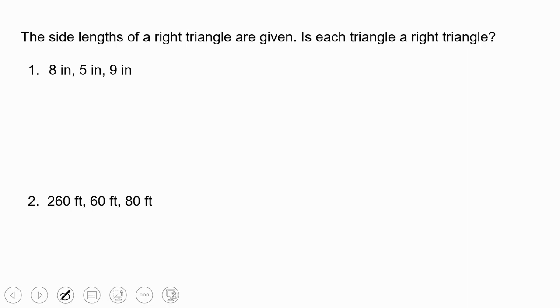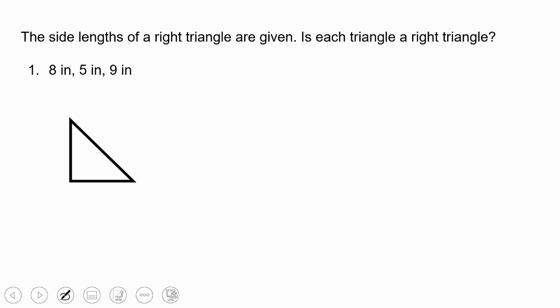I have two problems here, but what I'm going to focus on is the first one. And I went ahead and inserted a triangle. This says the side lengths of a right triangle are given. Is each triangle a right triangle? So I have three numbers and I have a triangle here.